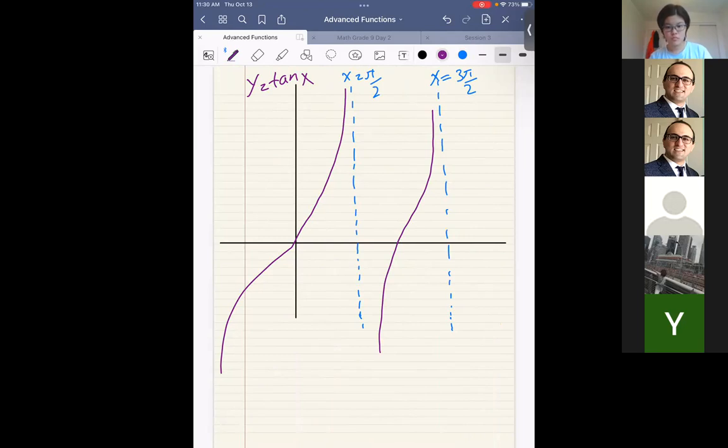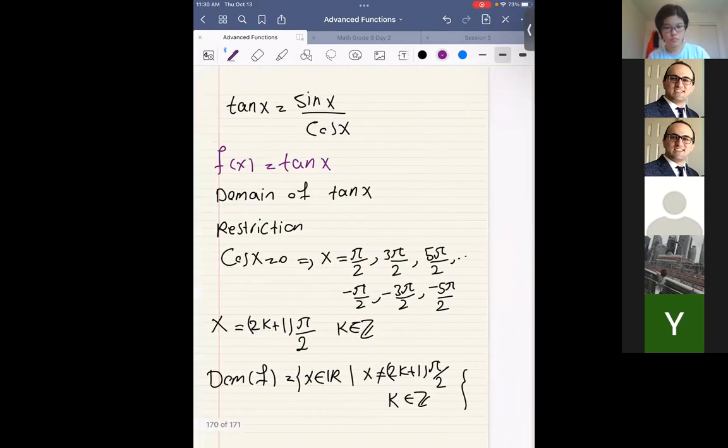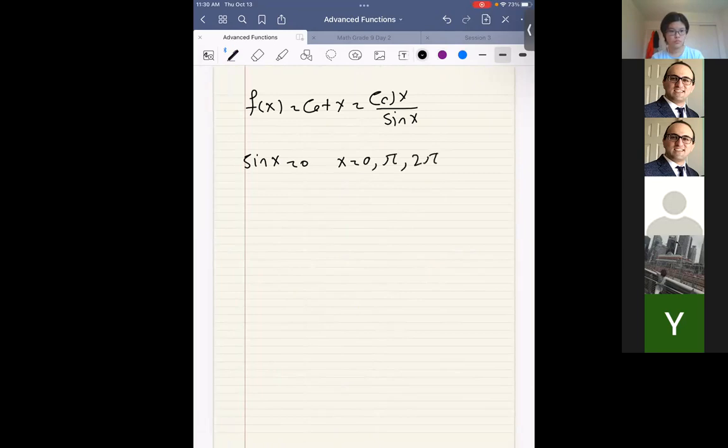Cotangent has a similar graph, except that cotangent is cosine divided by sine. So what are the zeros of sine? The first one is actually 0, pi, 2 pi, 3 pi, and so on.